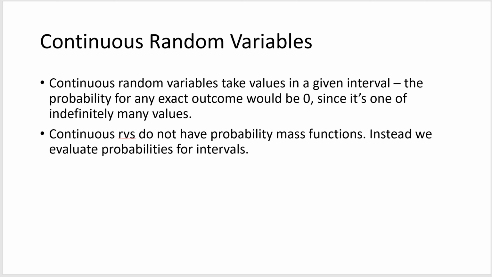Okay, 0. Because 2 as compared to an infinite number of combinations is close to 0 chance. So continuous random variables do not have a probability mass function. Instead, they have probability intervals.